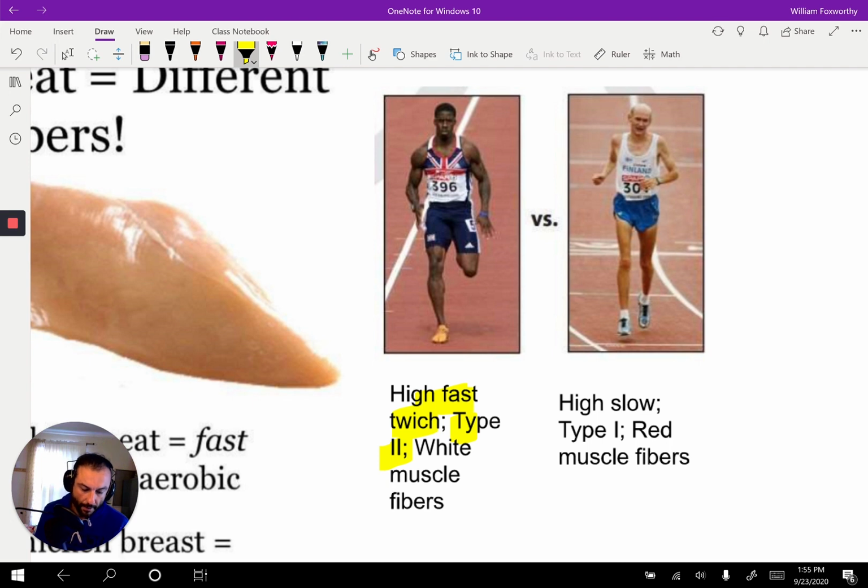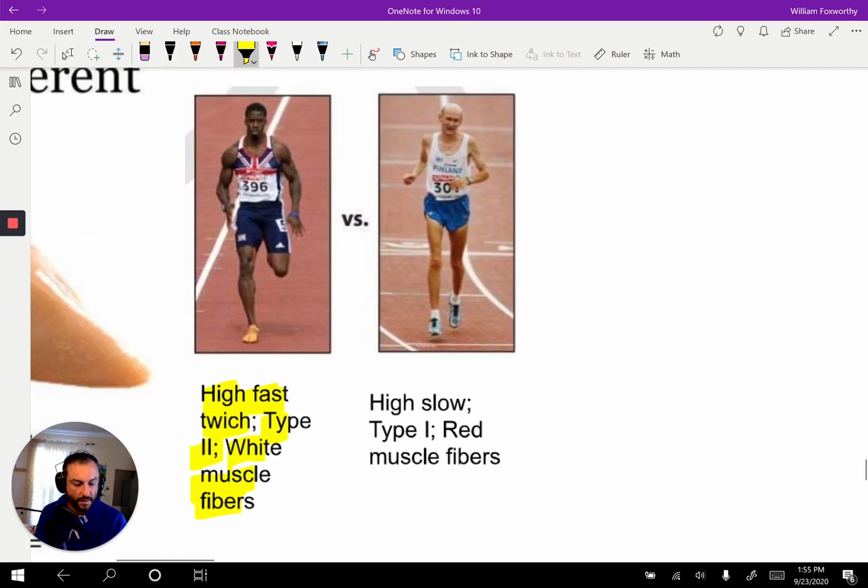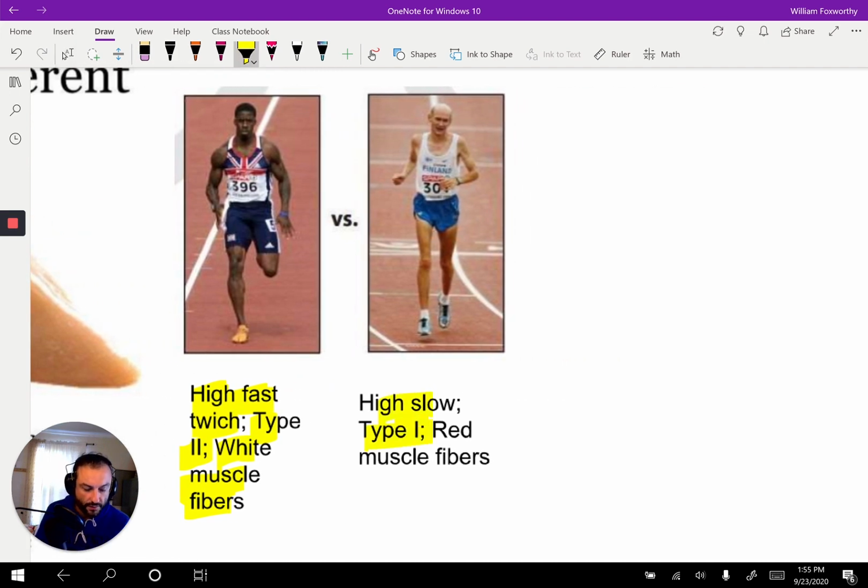which, as I'll show you in a second, also would look white. You see that difference between white meat and dark meat in a chicken that you buy at the store, for example. But anyway, this dude on the left has a lot of fast twitch type 2 muscles, and this dude on the right has a lot of slow twitch, or type 1, red muscle fibers.